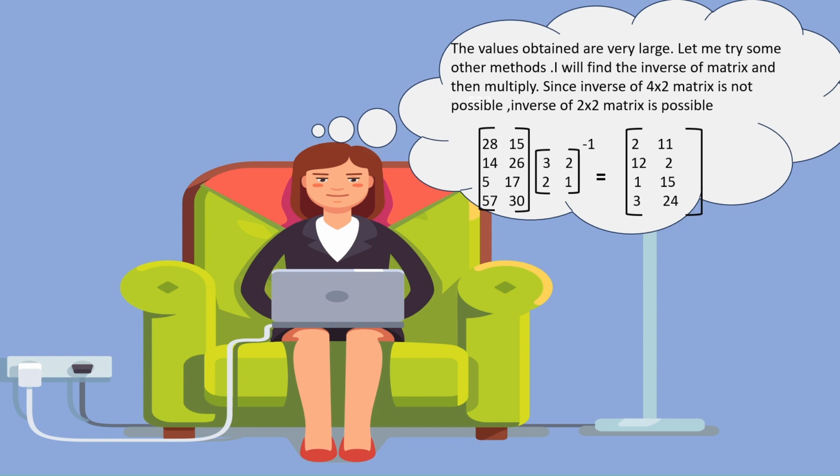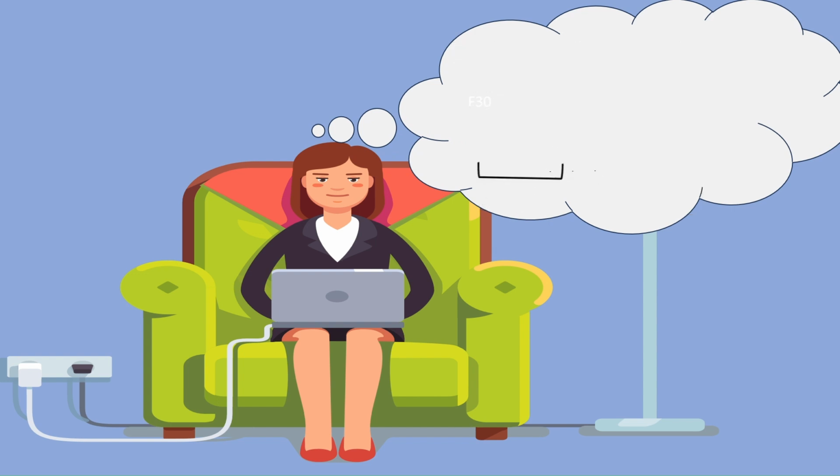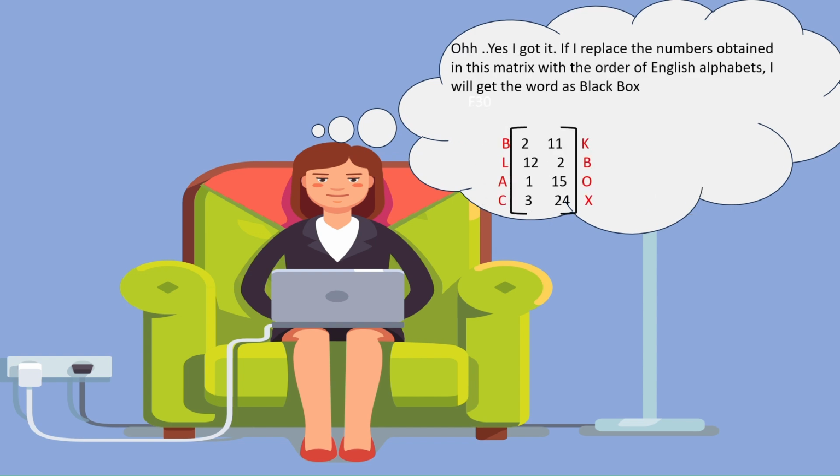Let me try some other methods. I will find the inverse of the matrix and then multiply. Since inverse of a 4x2 matrix is not possible, the inverse of the 2x2 matrix is possible. Oh, yes, I got it. If I replace the numbers obtained in this matrix with the order of English alphabets, I will get the word as black box.